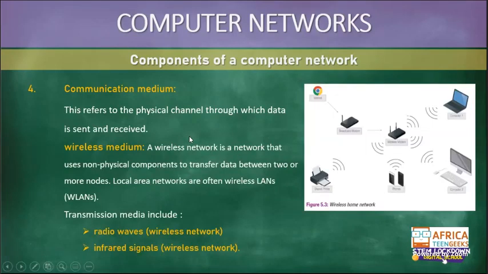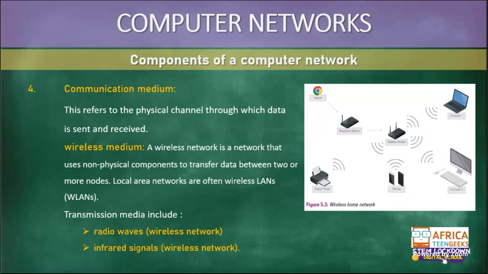Then we need a communication media. For the communication medium, we have two, wireless and wired. And then a wireless network is a network that uses non-physical components to transfer data between two or more nodes.